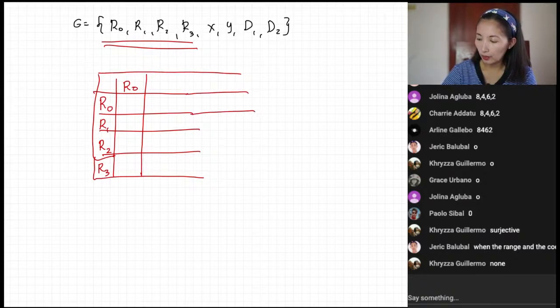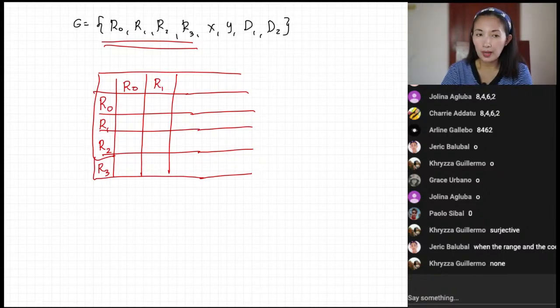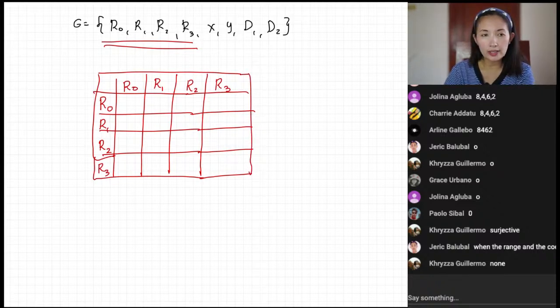Counterclockwise rotation. R0 is no motion at all. R1 is counterclockwise rotation by 90 degrees. R2 is counterclockwise by 180. R3 is counterclockwise rotation by 270.